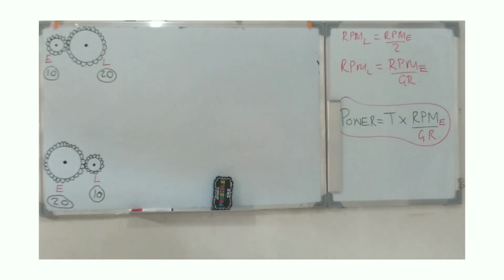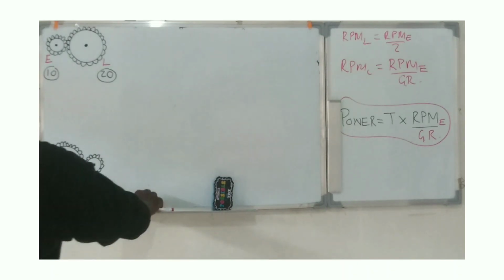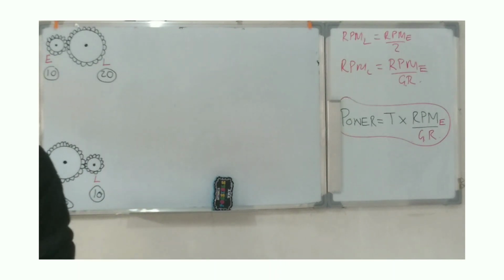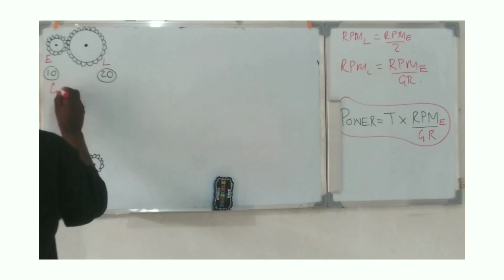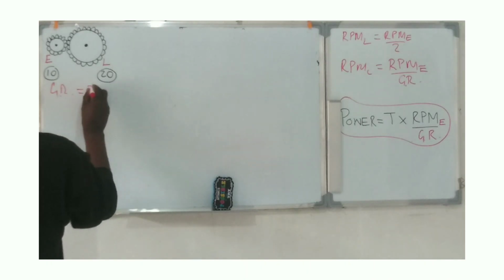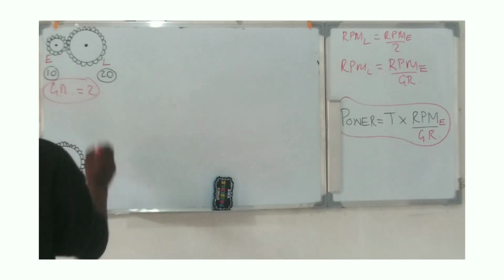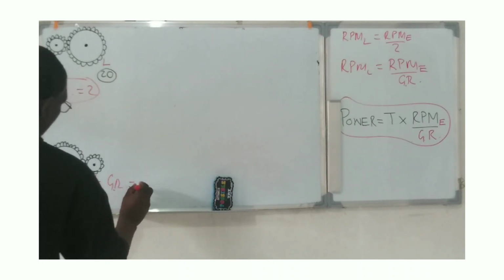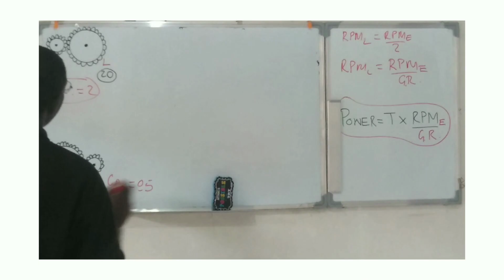We are going to shift from this gear ratio to the gear ratio down below here, and we'll see what happens. But let's remember that the gear ratio we got on top here was 2. So our gear ratio, GR, was equal to 2. And down below here, our gear ratio, remember, we got 0.5.